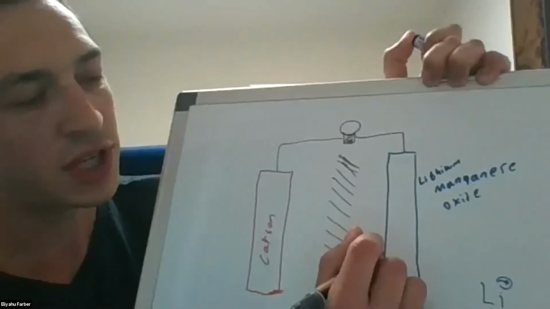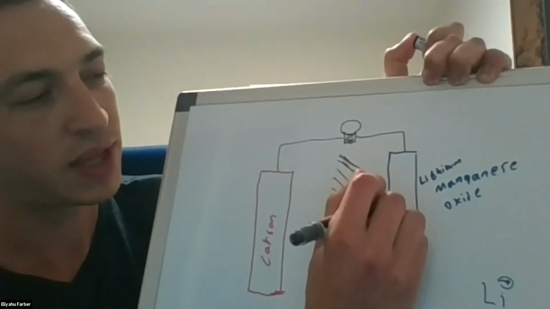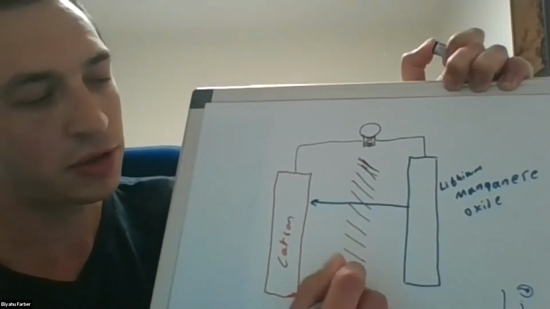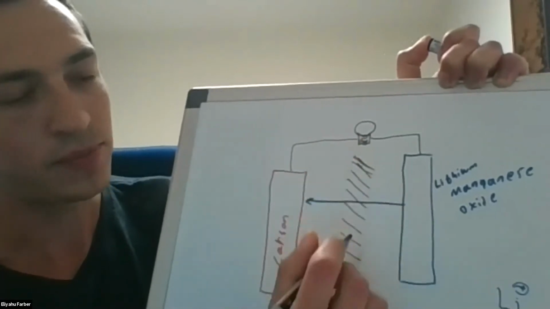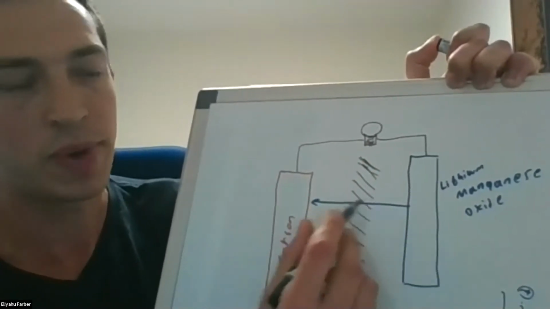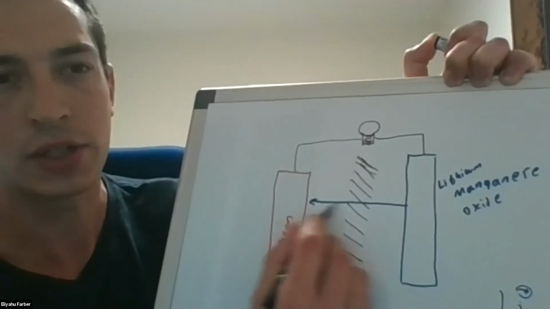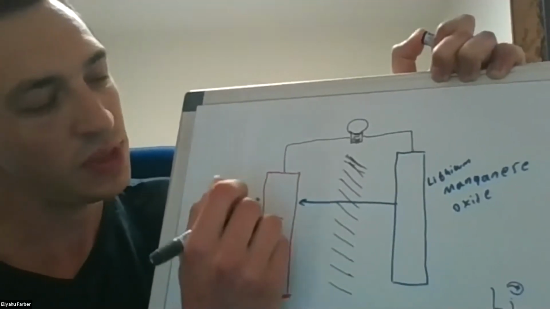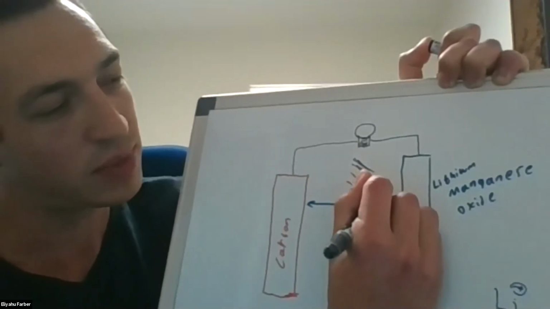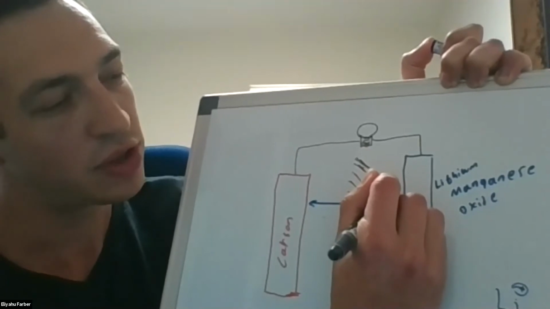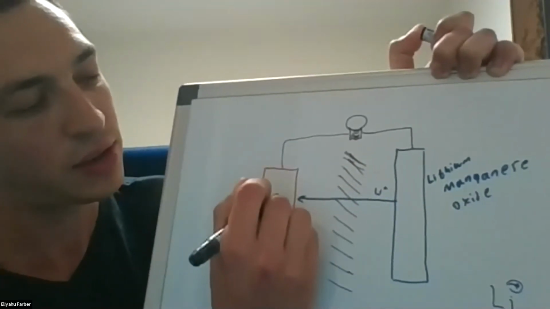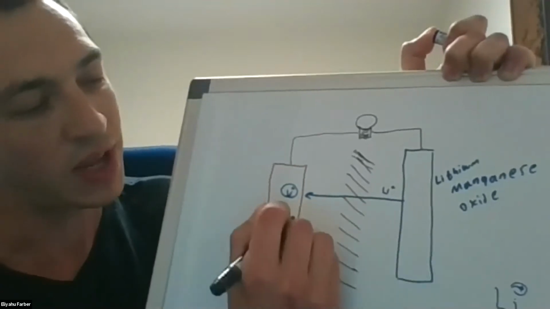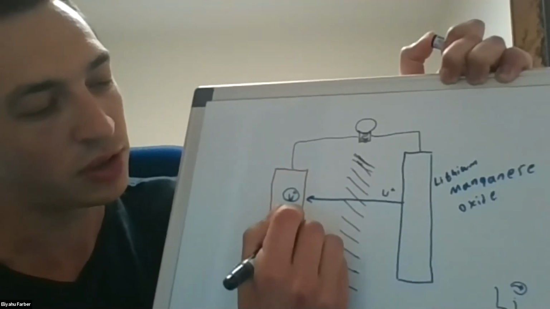When we charge it, we're pushing lithium ions through a separator that allows the lithium ions to pass through but doesn't allow electrons to come back, and into carbon. So essentially a lithium ion travels across this battery and intercalates into the carbon. And we have a lot of these going on.